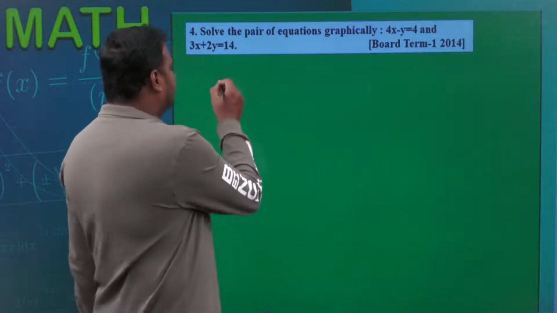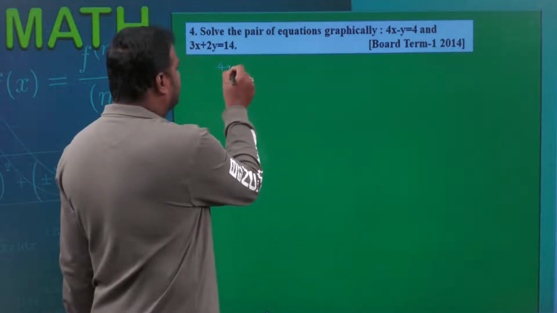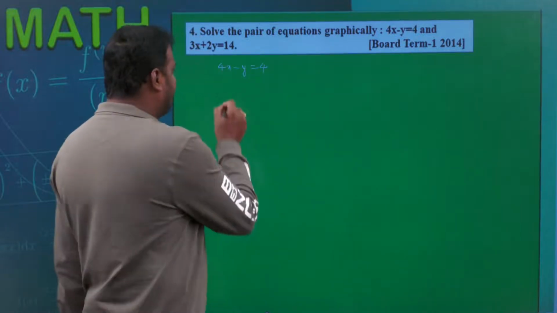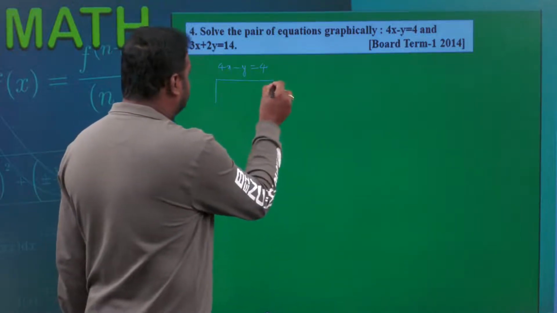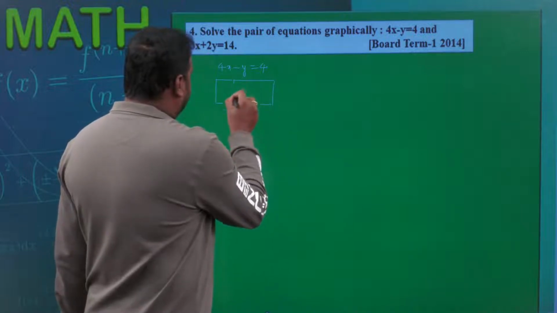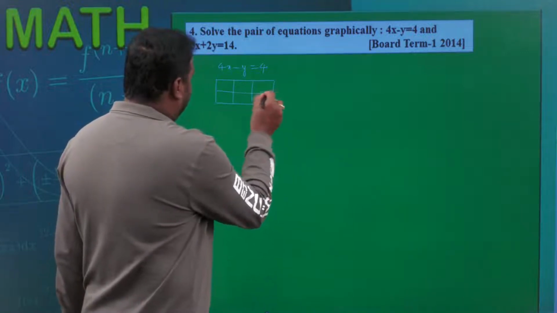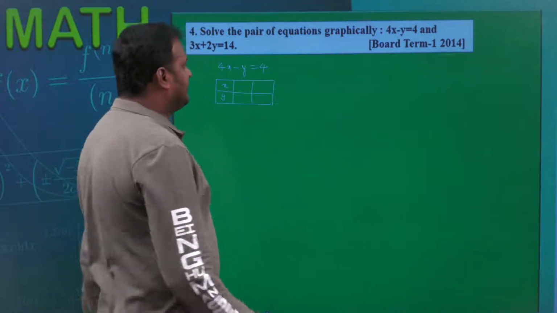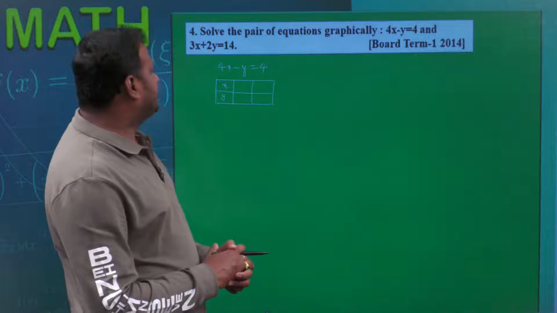Okay, so the first line is going to be 4x minus y is equal to 4. I am going to make a small table of values of x and y. So these are x values and these are y values. Fine. I would like to tell you one more thing here.